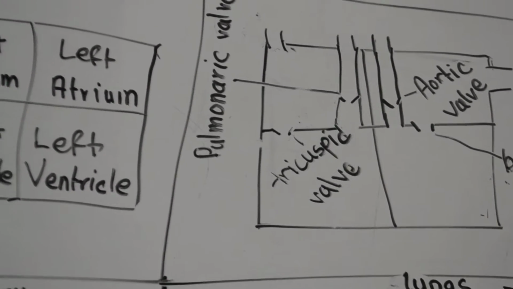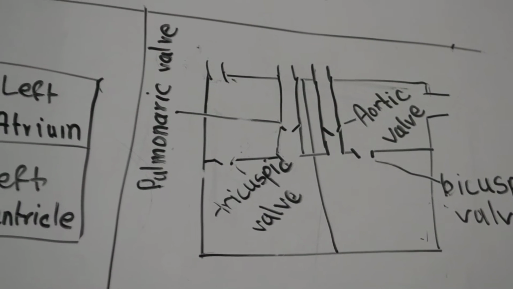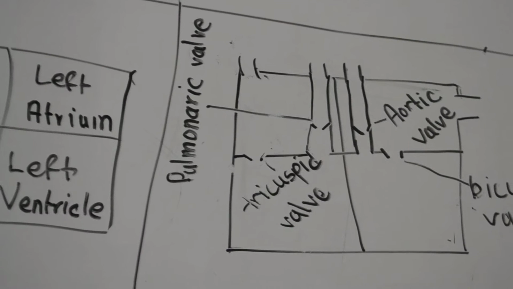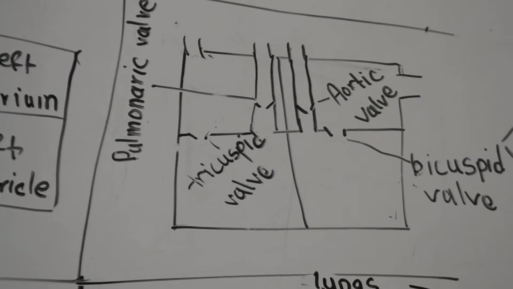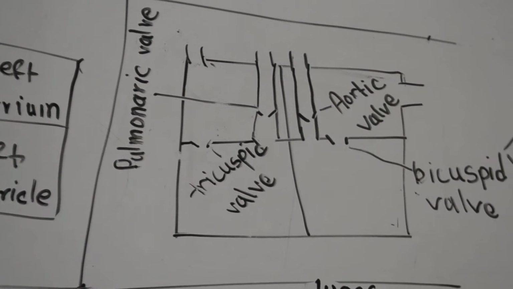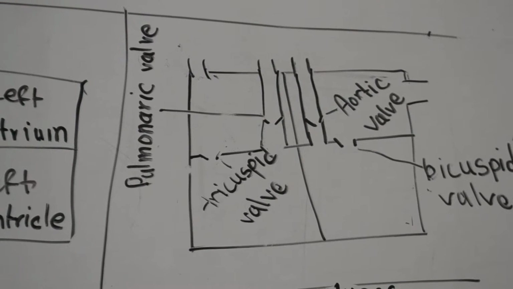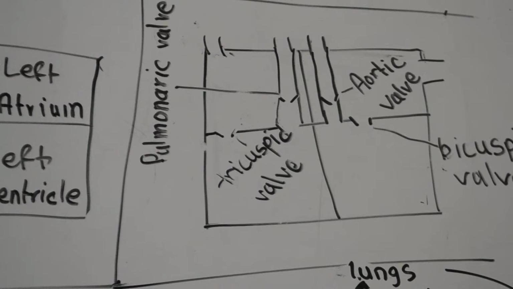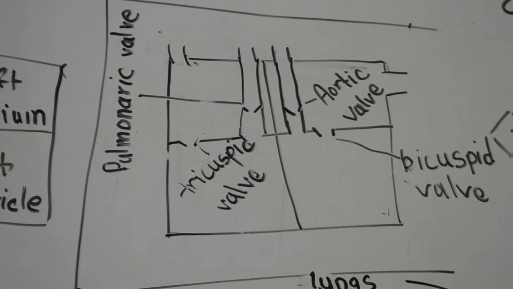Then when it gets purified, it enters through the pulmonary vein, and then between the left atrium and the left ventricle there is the bicuspid valve or the mitral valve. So the oxygenated blood enters the left ventricle, and then when the left ventricle contracts, the blood meets the aortic valve, and when the aortic valve opens, it goes throughout the body with the help of the aorta.